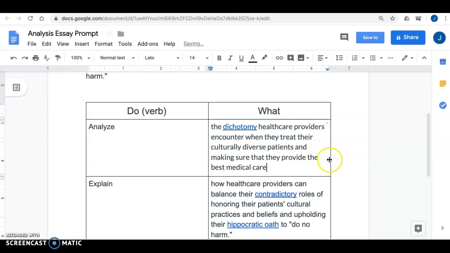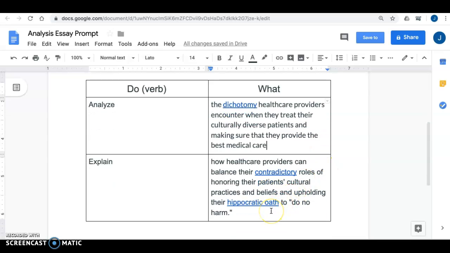That would get back to the Hippocratic Oath over here, to make sure that no harm comes to their patients. So that's what I'm going to analyze, just that conflict that any healthcare providers face when they come across different beliefs and customs, and making sure that they're providing the best care for their patients.